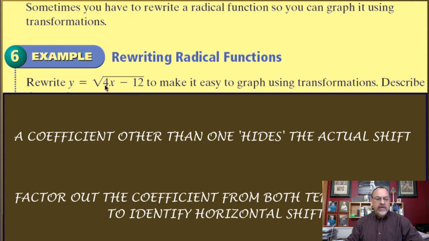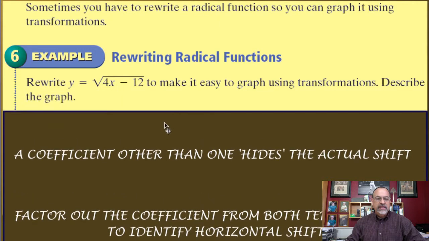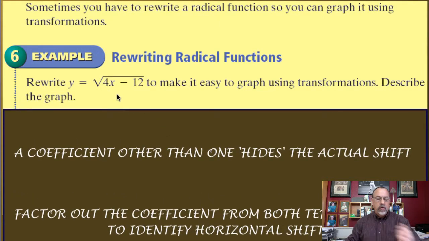And the only way for me to see what the actual shift is, is to remove this horizontal stretch that's happened. So what I have to do is I need to factor out this 4 so that I can see what the horizontal stretch, or transformation is, because remember, a horizontal transformation is x minus, and then in here we have the horizontal transformation.